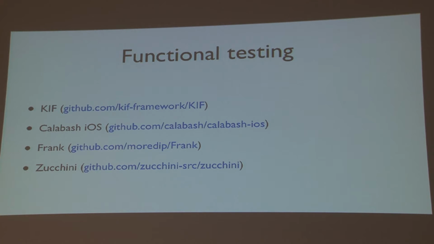They're written in Ruby, and they allow you to use Cucumber if you like that testing framework. And there is Zucchini. Zucchini is another visual iOS testing framework. It uses screenshots to verify that your application is doing what it's expected to do. So, just different approaches to functional testing.